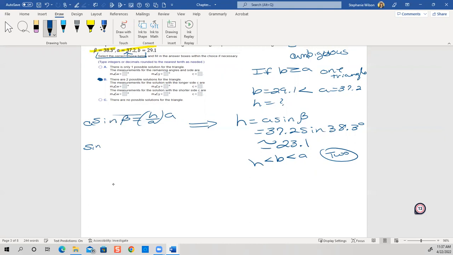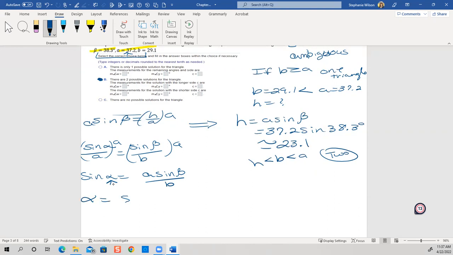So I got sine alpha over A is equal to sine beta over B. And we're going to solve for sine alpha by multiplying both sides by A to undo the fraction. Now I got sine alpha is equal to A sine beta over B. However, we need alpha, right? And it's attached to the sine, so I'm going to have to take the inverse.